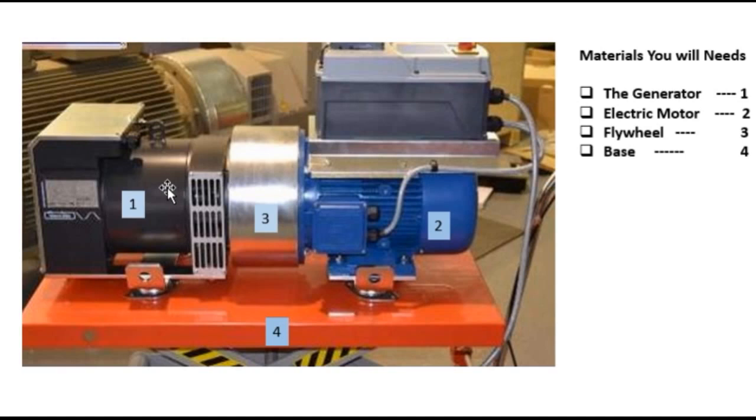Otherwise, it will be classified as overload. For you to have a generation system, you must have a power reserve on the generator. For instance, if my generator is 5000 watts, I should be able to keep at least 1000 watts as a reserve. The reserve is for other purposes, like powering the electric motor.